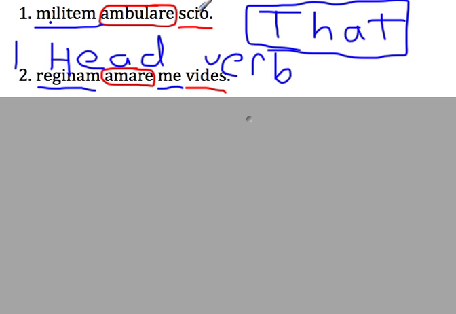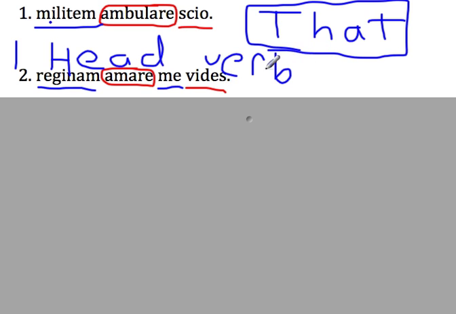Like scio, know, I know with my head. Video, see, I see with my head. Say, I say using my head. Hear, I hear using my head, right? Because my ears are on my head, which is normal. So those are all head verbs. Know, believe, say, think, hear, announce. Those are all examples of head verbs.